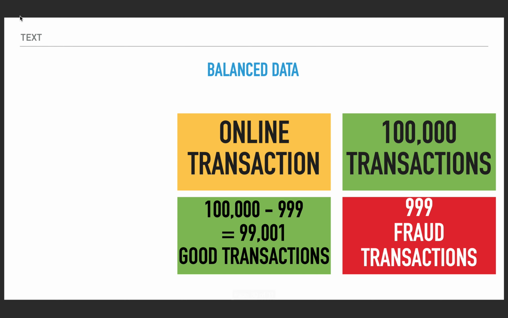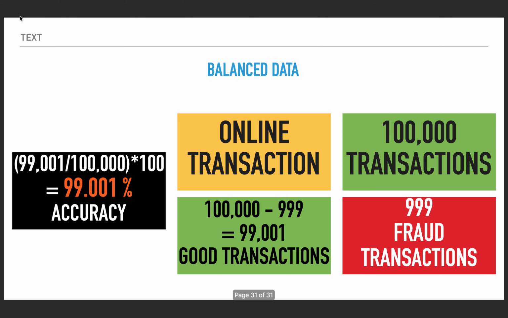And if we are given that data, we can say that 99,000 are good transactions. And say a model says every transaction is a good transaction and passes every transaction, including the fraud ones. Then we can get a 99.001 accuracy, which is a good accuracy, but completely fails the purpose of the model. It does not detect any fraud transaction.